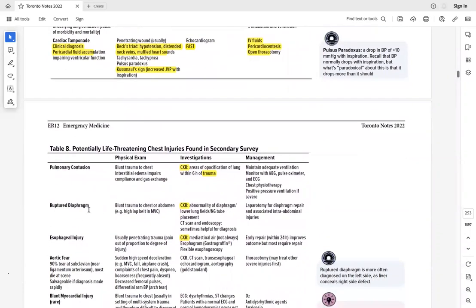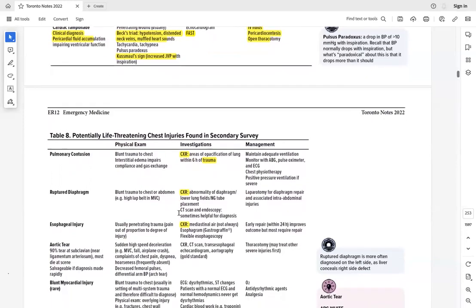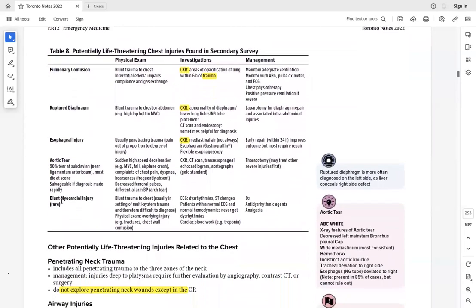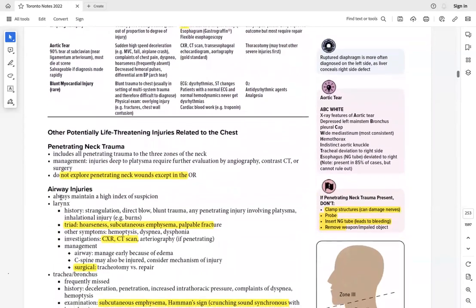Similarly, for ruptured diaphragm, on chest X-ray, free air will be present. The intestine will be present in the chest. Okay. We have to do laparotomy, stabilize the patient, surgical consultation for laparotomy. Esophageal injury is also diagnosed on chest X-ray, and we have to stabilize and repair. Aortic tear, they do not survive that much. Similarly for the myocardial injury.